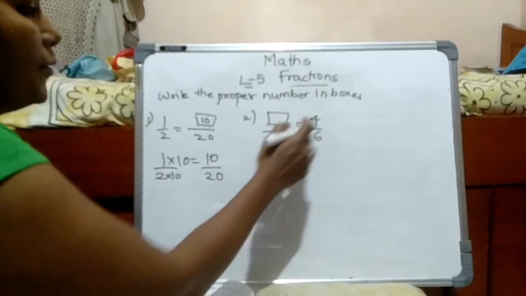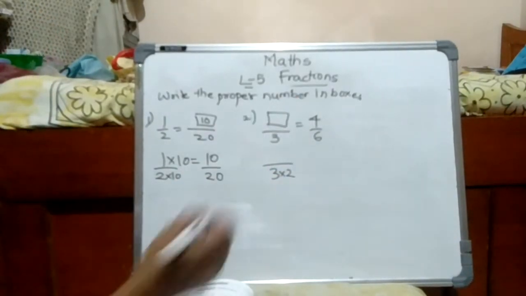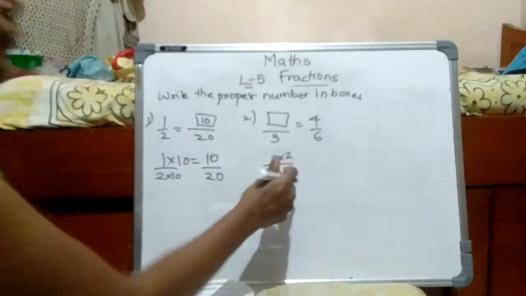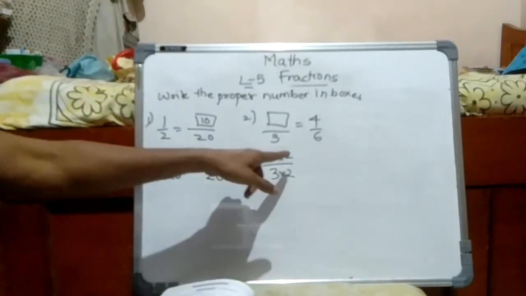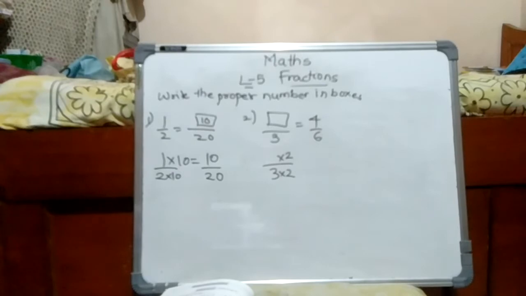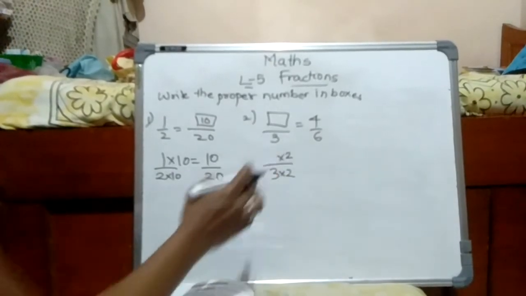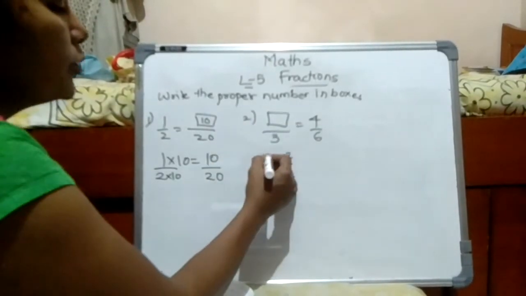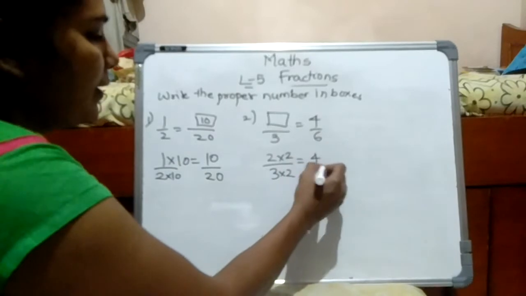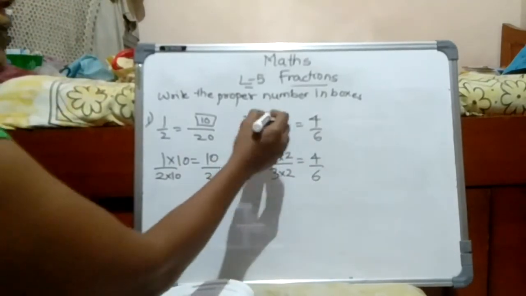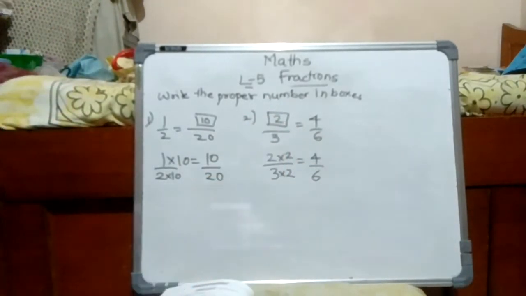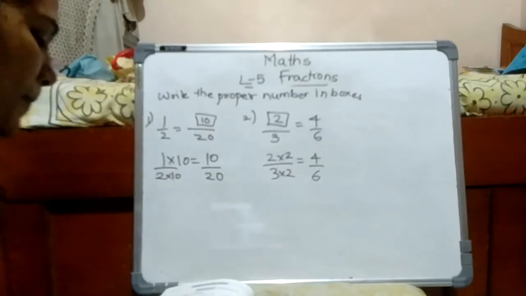Now what should come over here? 2, because we are multiplying 2 in the denominator, so we will multiply the 2 on the numerator also. That we should get 4. 2 2s are 4. Correct. It means we should write 2 in the box. Understood? Clear children? Yes?